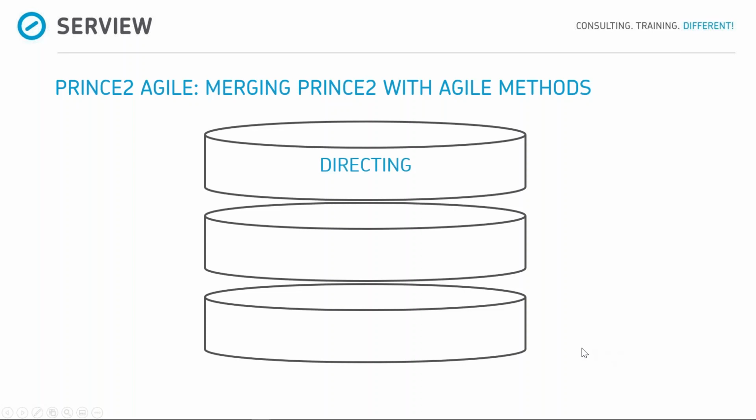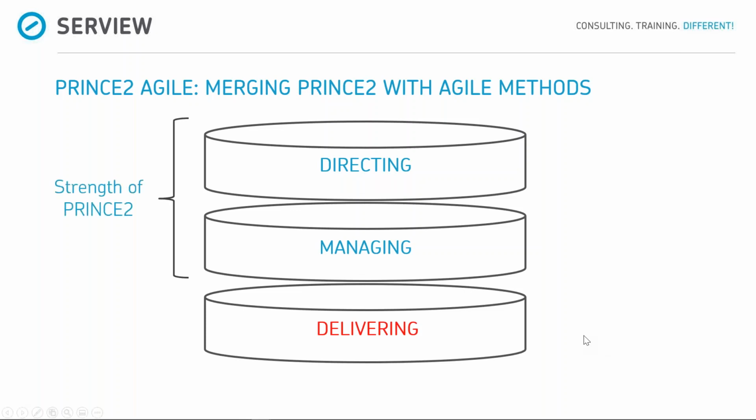So if we look at what PRINCE2 is good at, it's directing and managing. And if we look at what agile methods are good at, it's about delivering results, solutions. So PRINCE2 focuses more on the directing and managing part, and delivery is usually where the agile methods are situated.